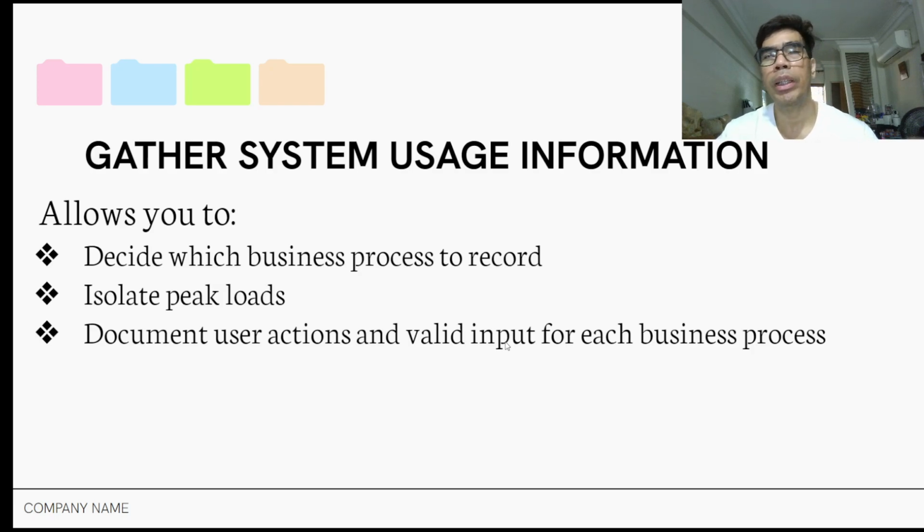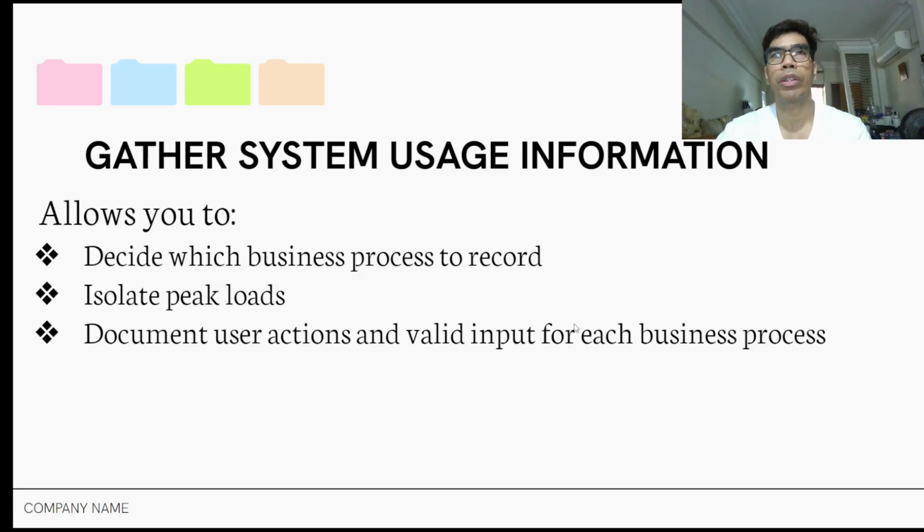Then isolate peak loads, which determines the highest load on a transaction. For example, is it on the weekend, during a sale, or at midnight? You determine the peak load so you know how to plan your load test.